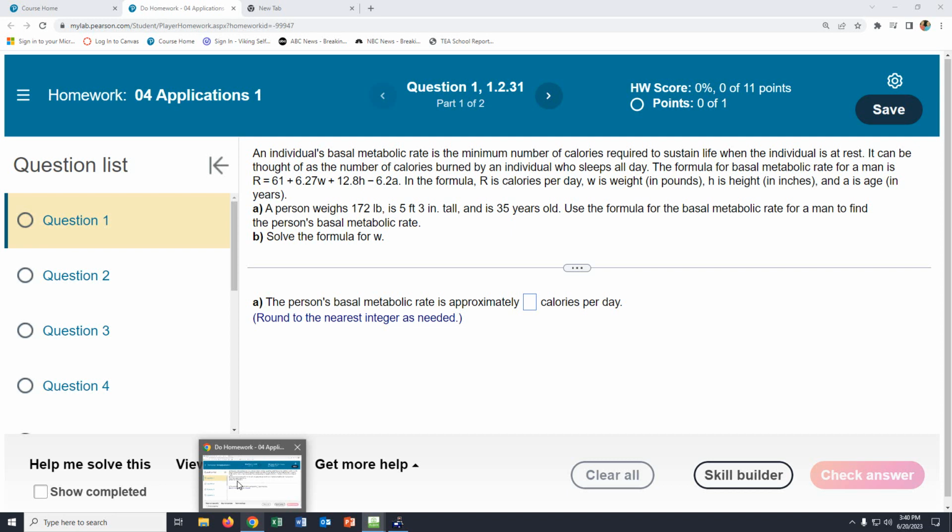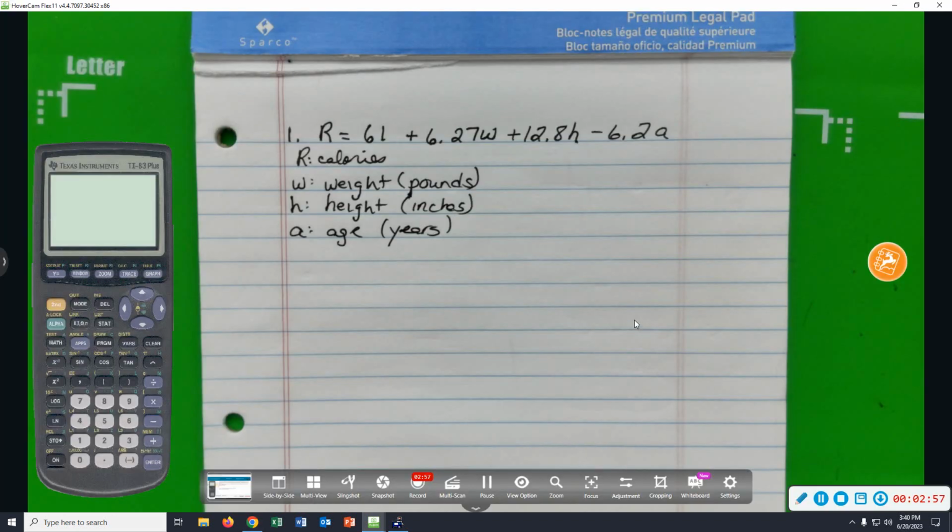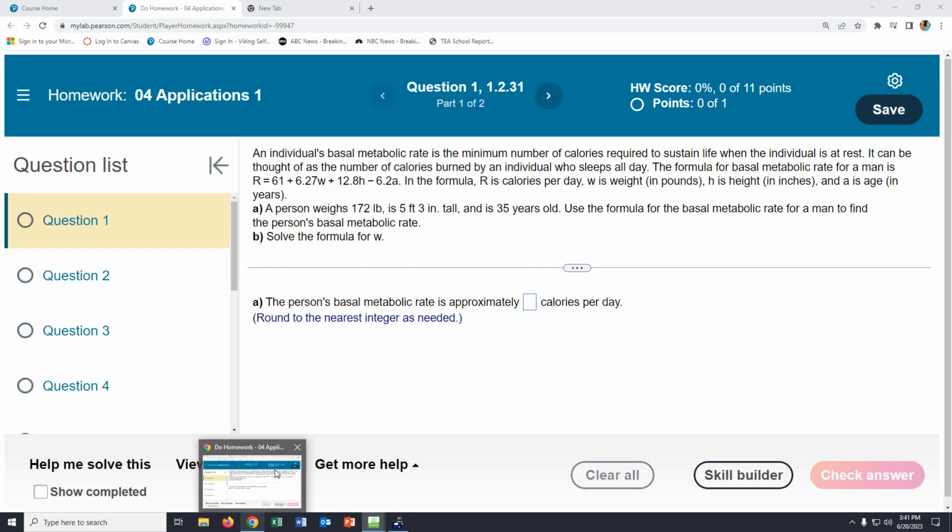H is height in inches. And A is age in years. So I've written that down. Now we're going to be told some numbers to plug in.